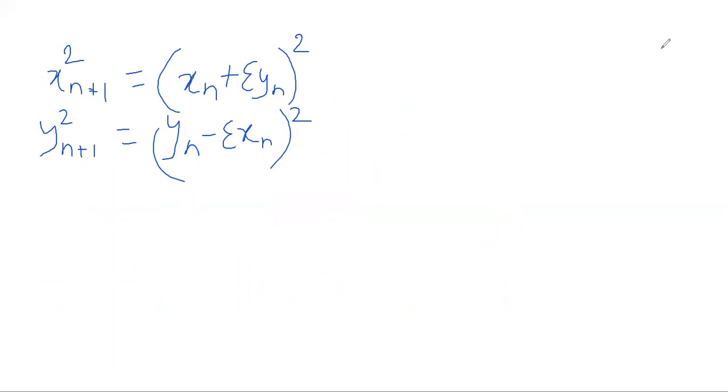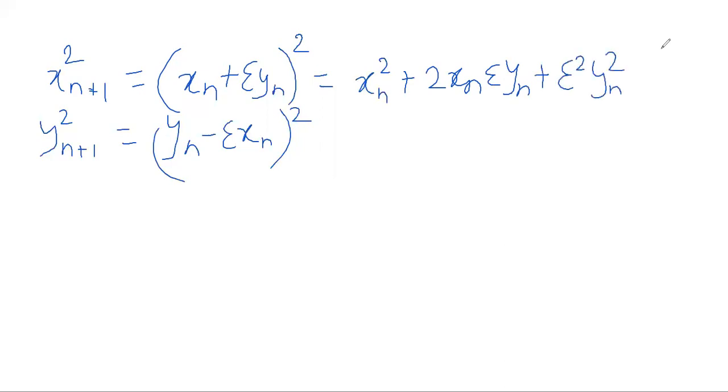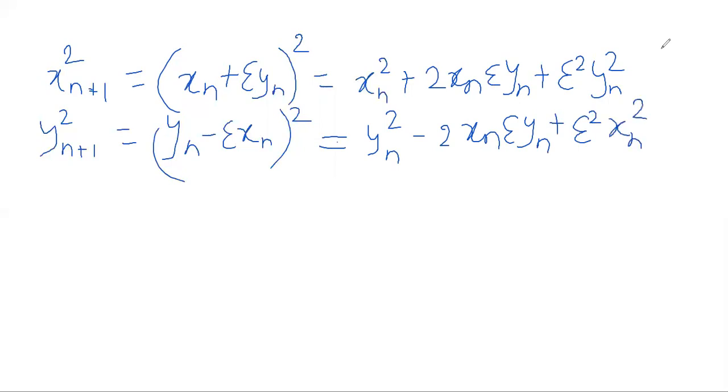Okay, square xn plus 1 here, xn square plus 2 into xn epsilon yn plus epsilon square yn square. Okay, similarly here yn square minus 2xn epsilon of yn, okay, plus epsilon square xn square.